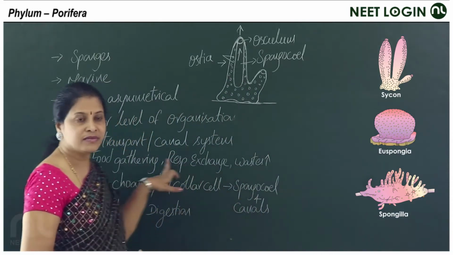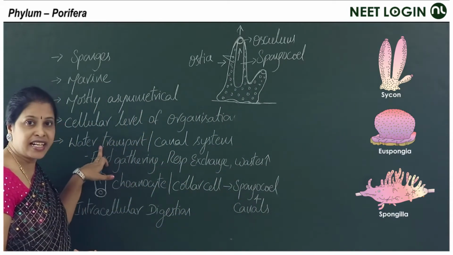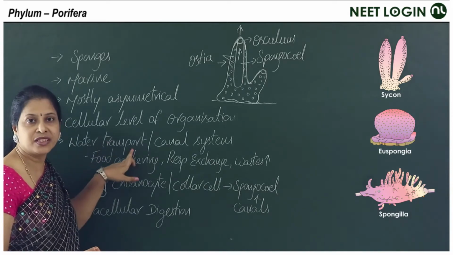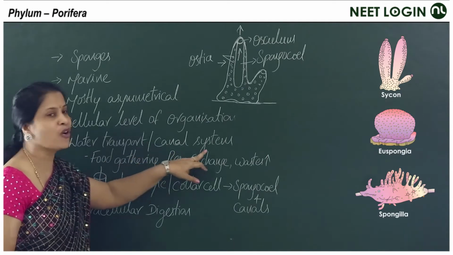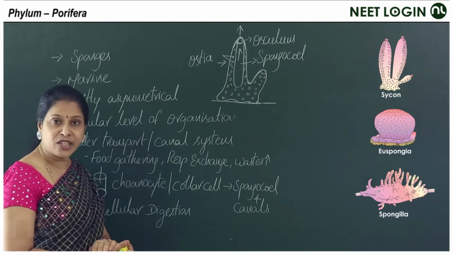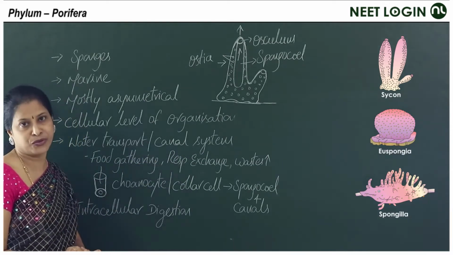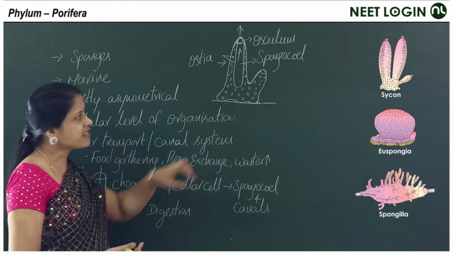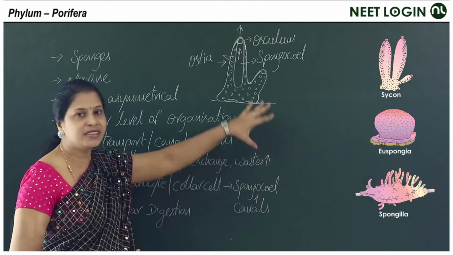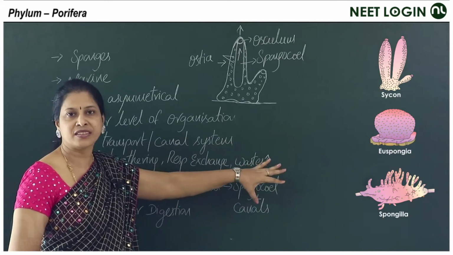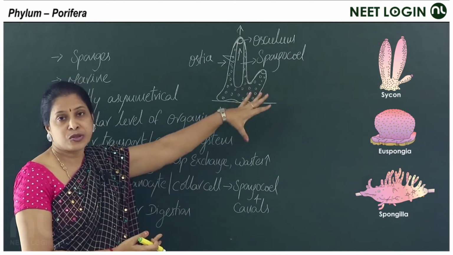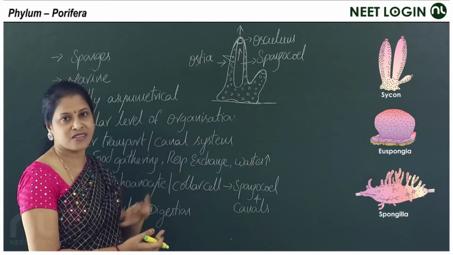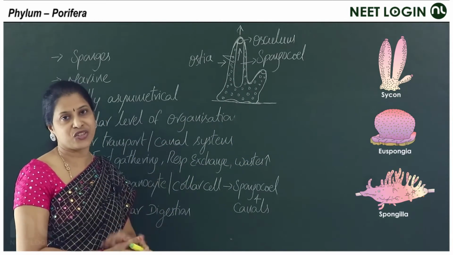Moving on, the unique feature of the poriferans is the water transport or canal system. It is a unique feature of the phylum Porifera. You can see the different poriferans here, different types of sponges with a porous nature.